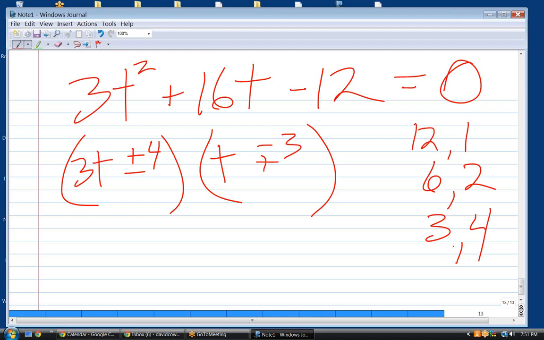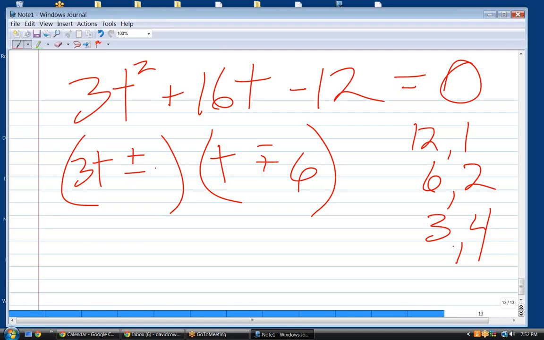But I'm not getting to 16 at all with this 4 and 3. No combination of 4 and 3 gets me to 16. What now? Try the 6 and 2. And I know that the 6 has got to be with the plus, because I've got to get the plus 16.